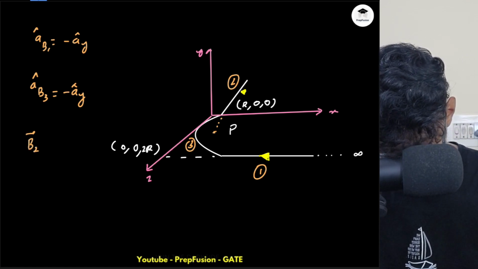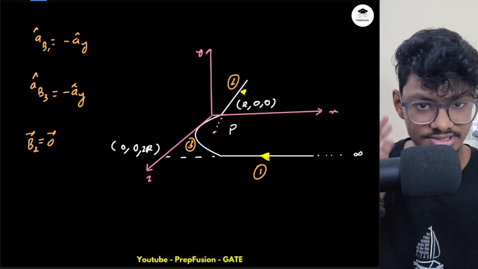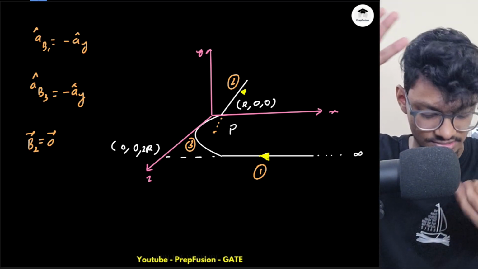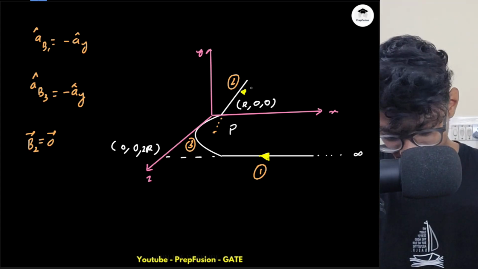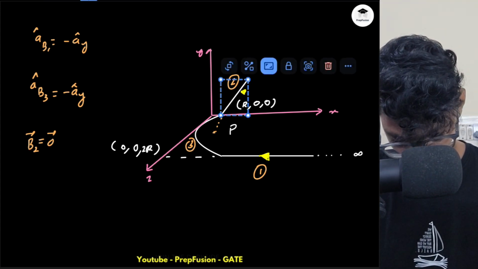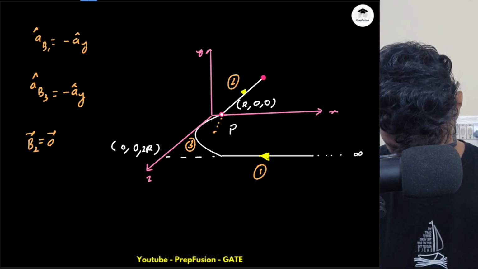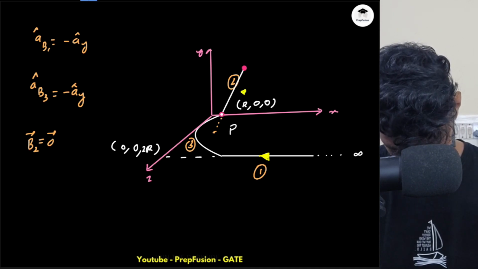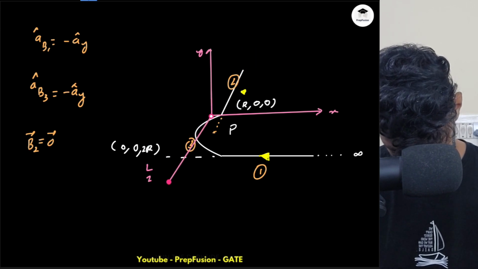B2 will be simply 0. It will not contribute to any magnetic field. Why? Because it is along the axis, and along the axis, can you define the direction? This is a straight line, right? Although this is not looking like a straight line, just trust my words, because the drawing is not perfect. This should be a straight line actually, like this, and this also should be a straight line like this.